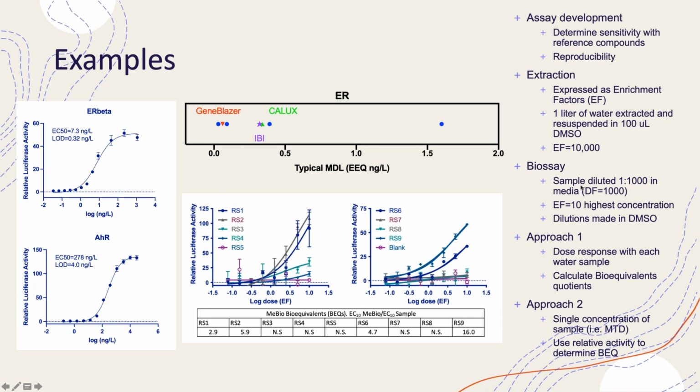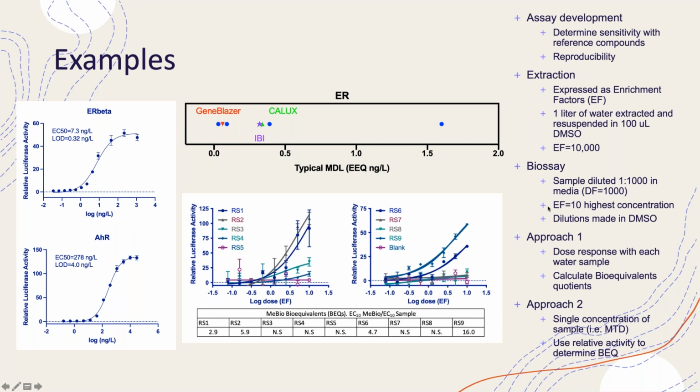And then when we go into the bioassay, we're using a dilution factor of 1,000. So we have 10 times the concentration of the chemicals in our media that we would have in the environment. And then we can make dilutions from there.